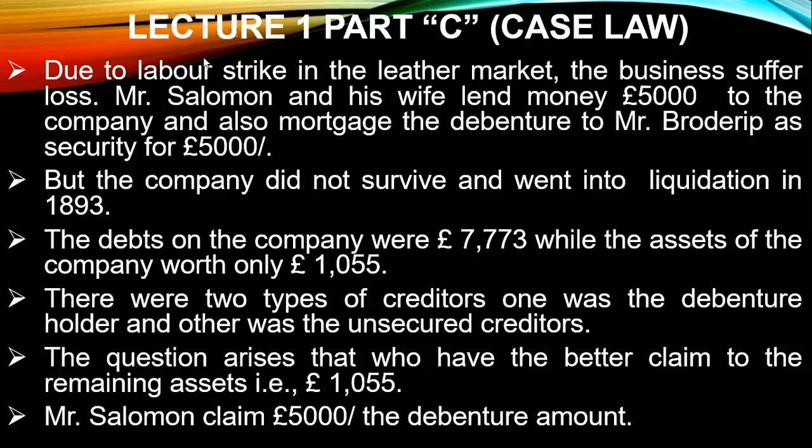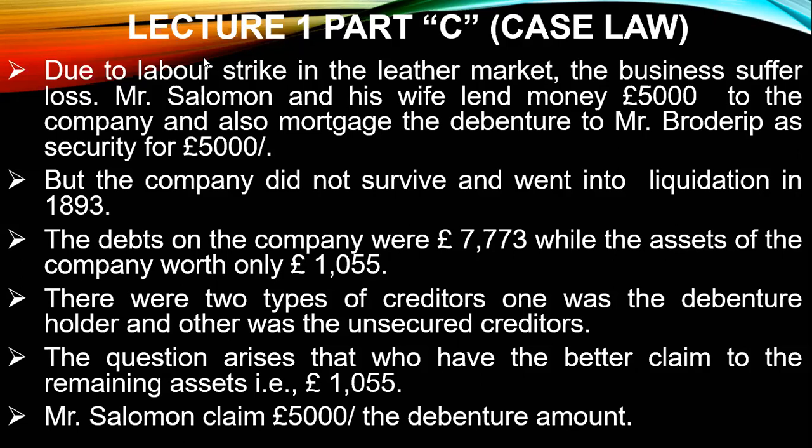The total debts of the company were 7,773 pounds, while the assets of the company were only 1,055 pounds. There are two types of creditors now with the company. One was a secured creditor, having the debenture, and the others were the unsecured creditors.